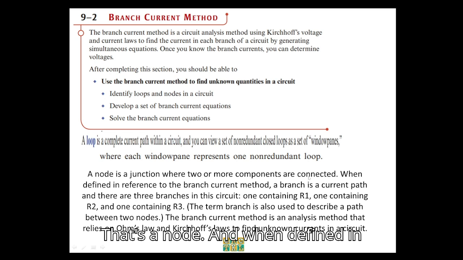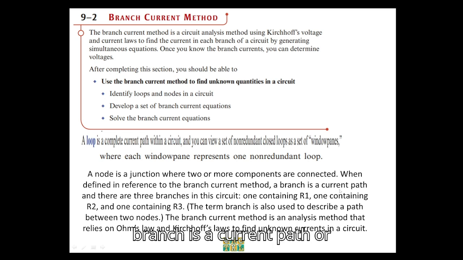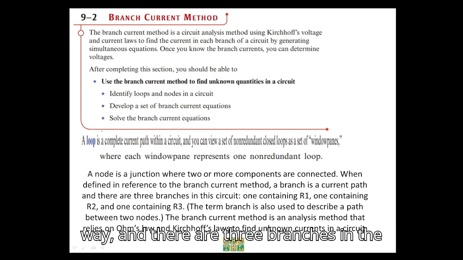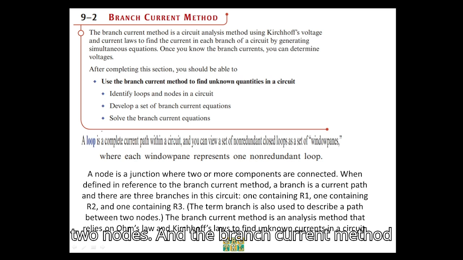And when defined in reference to the branch current method, a branch is a current path, and there are three branches in the next circuit that I will show you, containing R1, R2, and R3. So if we have three resistors, we will have three branches. The term branch is also used to describe a path between two nodes.